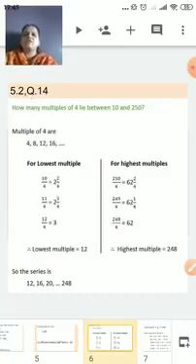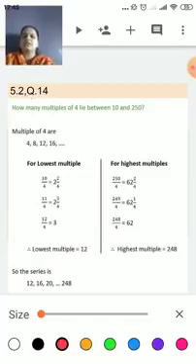Now multiples of 4 is nothing but your 4 table. Is it correct? So you will start from the number 4, 8, 12, 16 and so on. But read the question. We want the numbers in between 10 and 250. So your first term will not be 4 or 8. We will start from 12 over here. Similarly, till 250 we want.